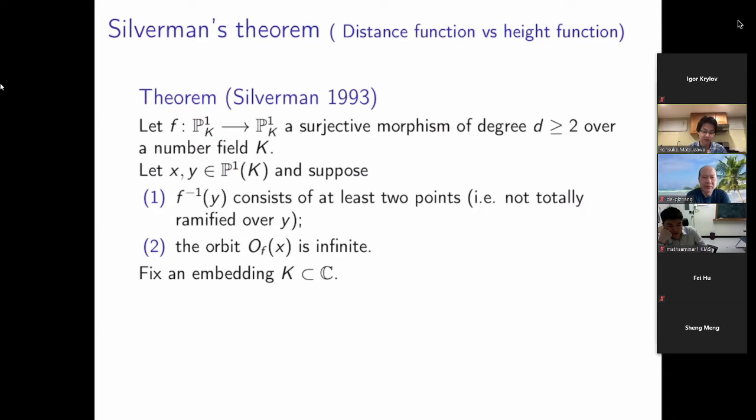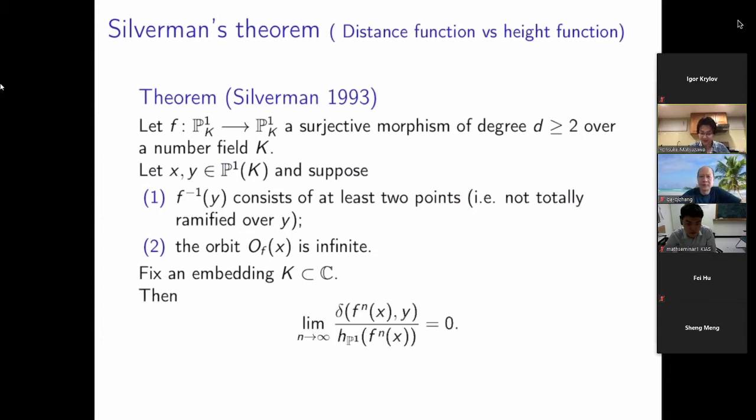Recall that we define the distance function by using the absolute value of C, so we have to choose an Archimedean absolute value on K. And the conclusion is that the distance function divided by the ample height function goes to 0 as n goes to infinity.